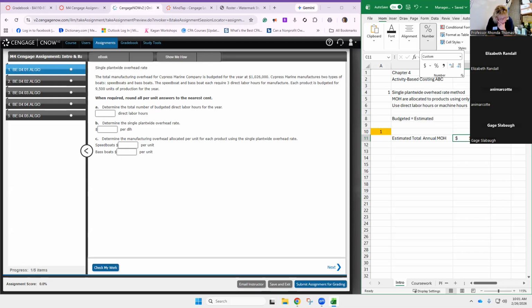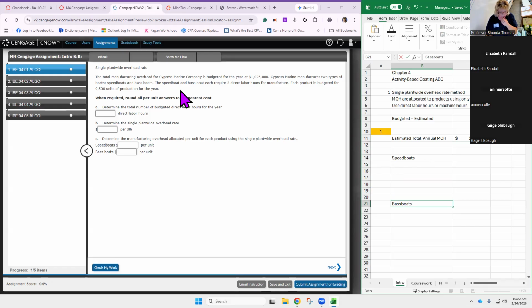Okay, let's make 2 areas for the 2 products that they sell. So let's put speed boats here and bass boats. Let's bring bass boats down here.